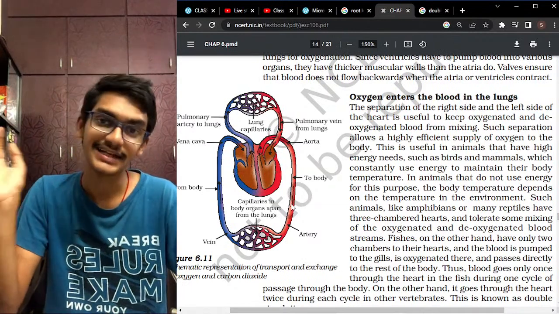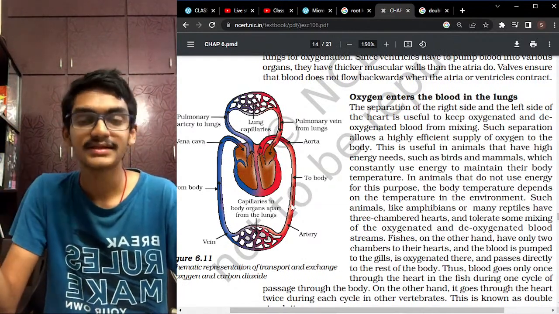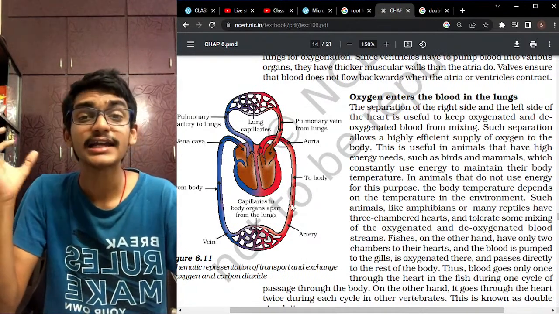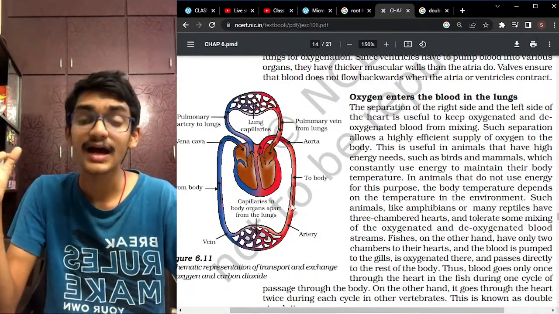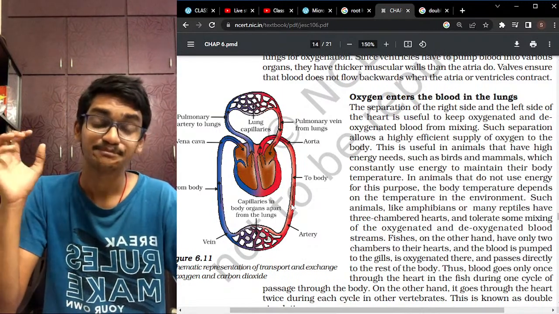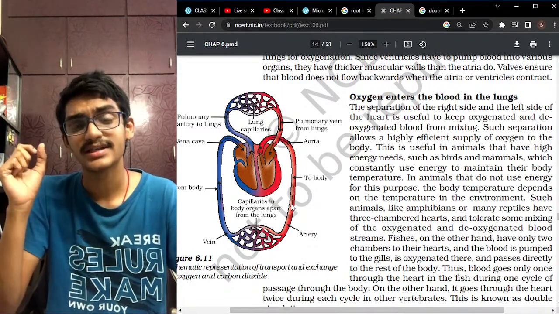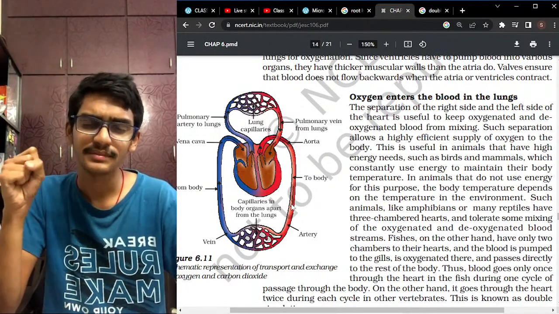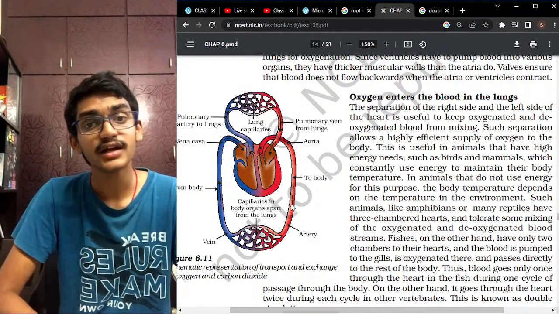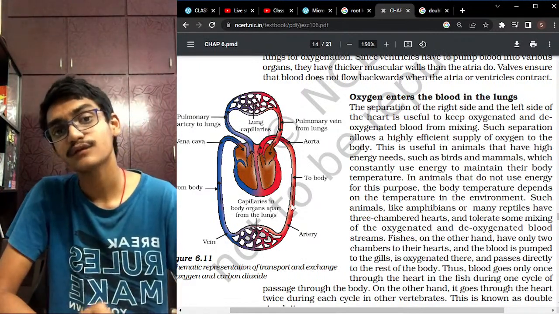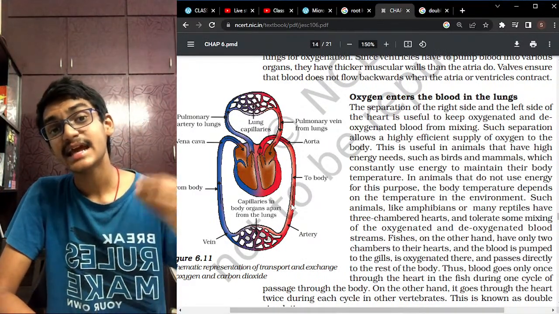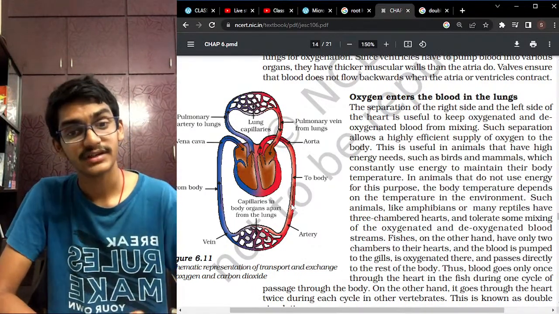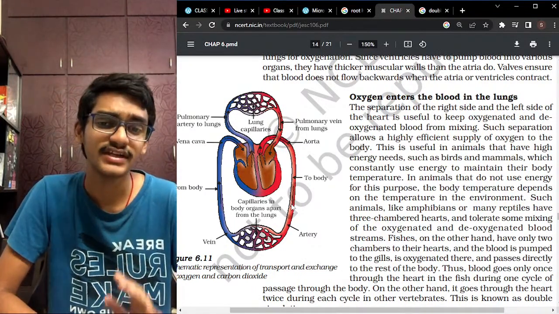The main reason is that we human beings and other animals like birds and mammals need a high energy supply, and the intake of oxygen is also very huge in these animals. So they need an efficient supply of oxygen, and in that situation, the separation of oxygenated and deoxygenated blood is very useful.